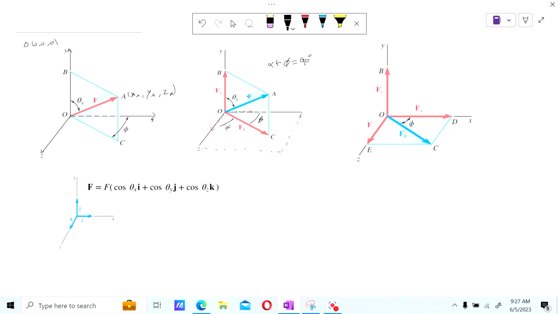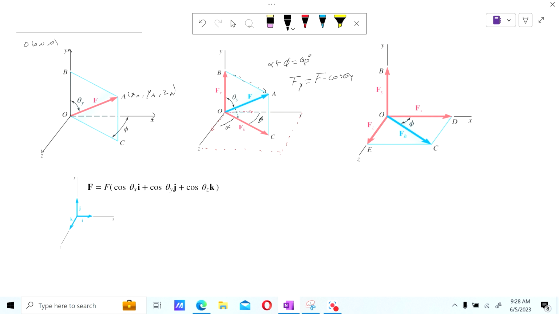If they're asking us to find Fy, it's pretty simple. Fy is equal to the force times cosine of theta y. If we want to find Fh, this component that we can move to the plane, we can do two things.